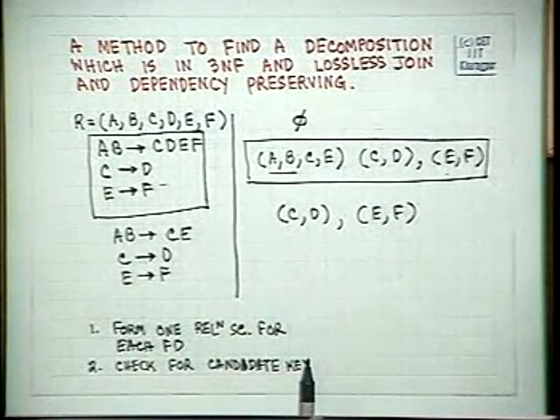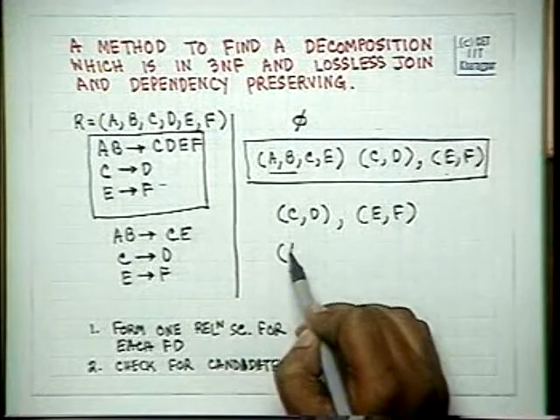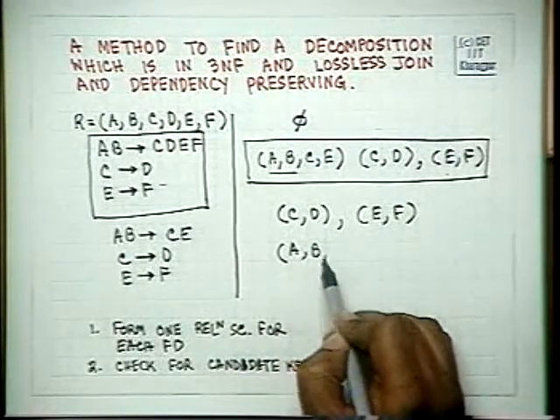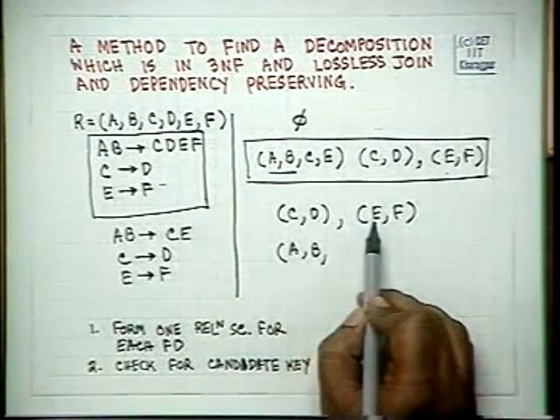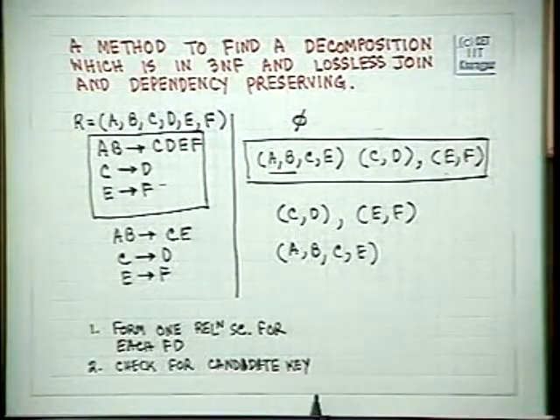complete relation scheme. So what we do is, we take AB and the candidate keys from here and here and make a third relation.